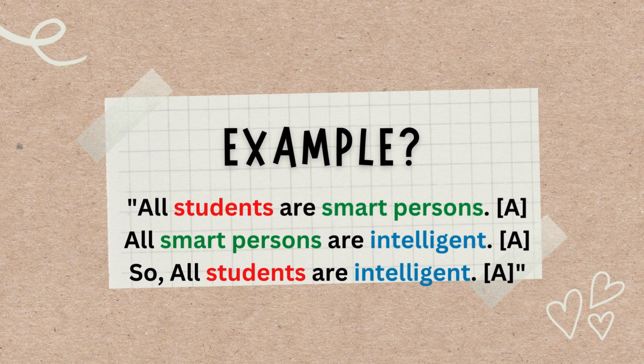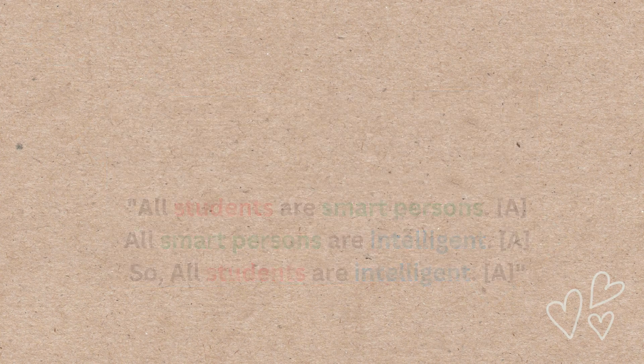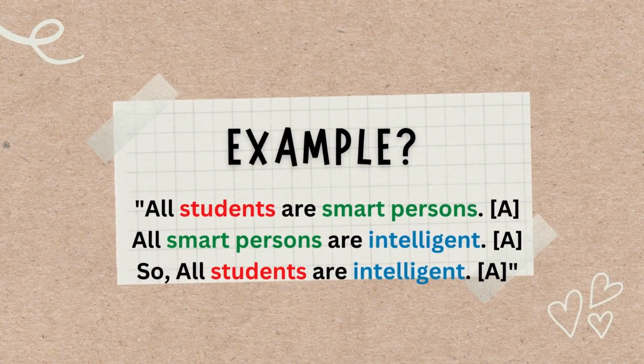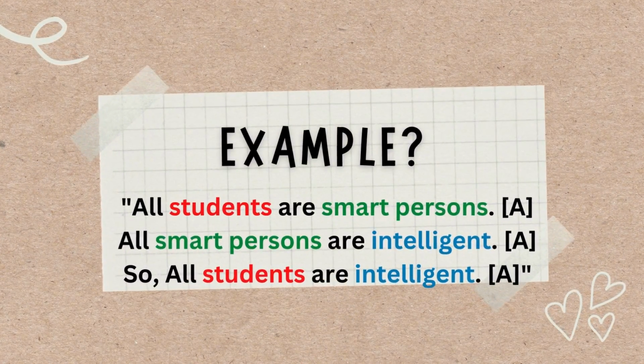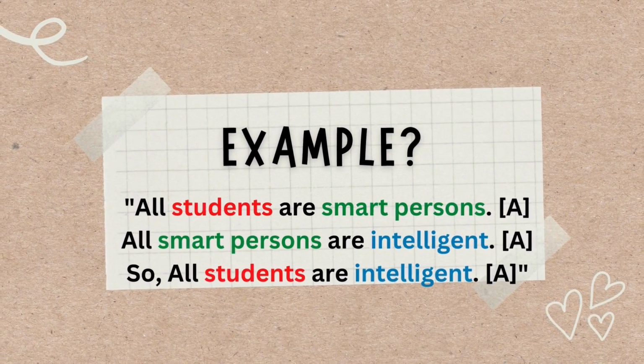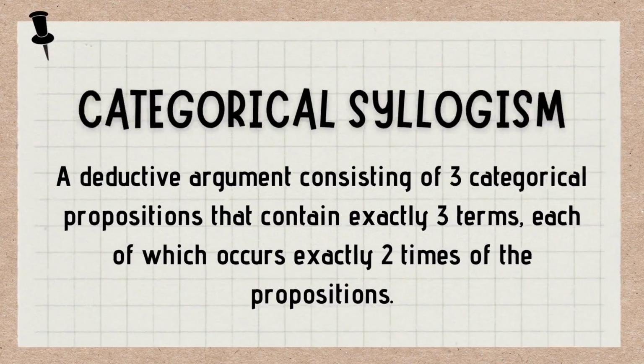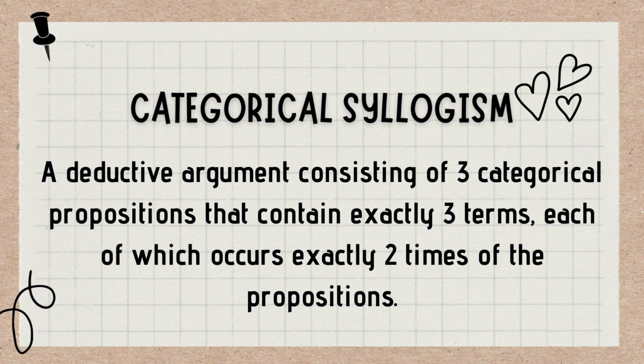So these three are categorical propositions, and they contain exactly three terms. In this example, we have three terms: student is the first term, smart person is the second term, and intelligent is the third term. Each of which occurs exactly two times in the propositions.